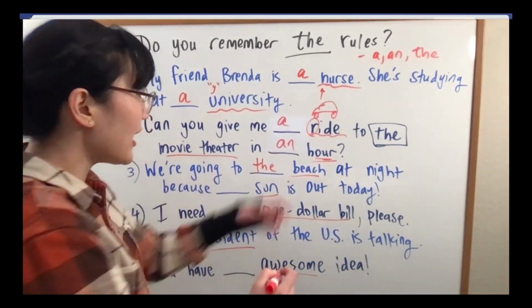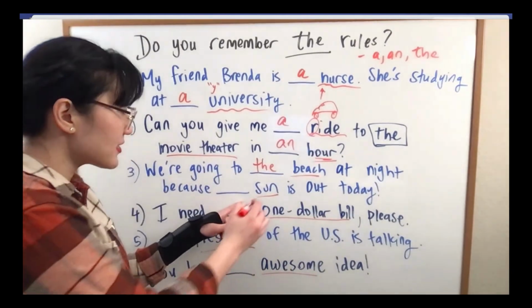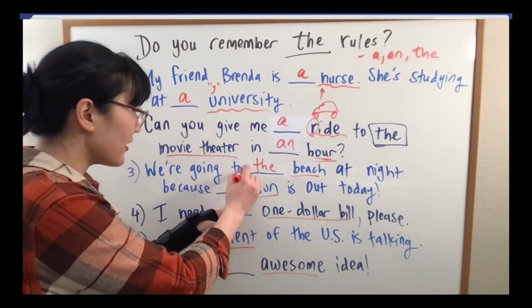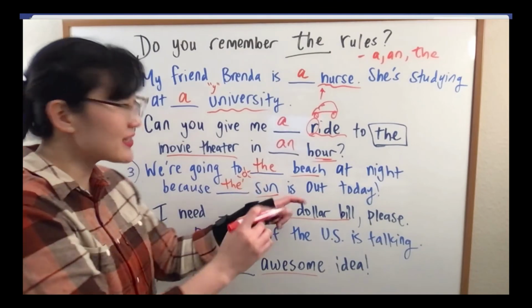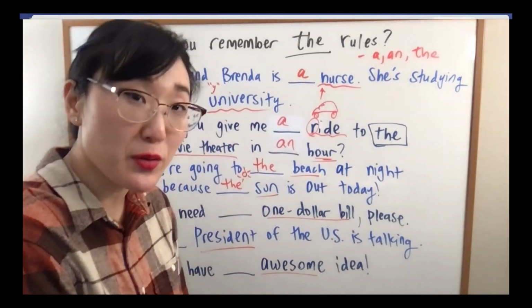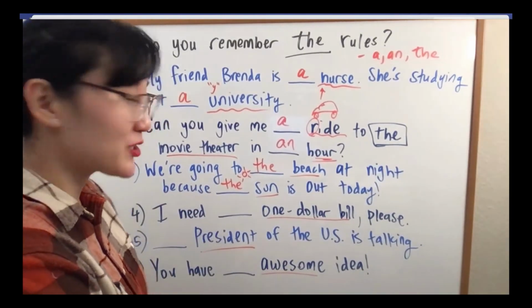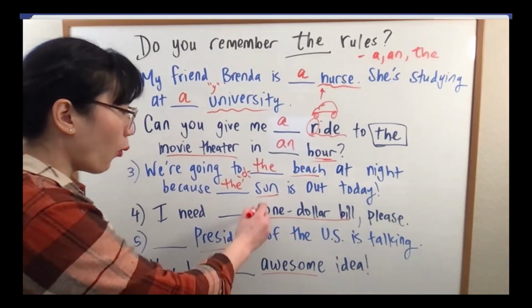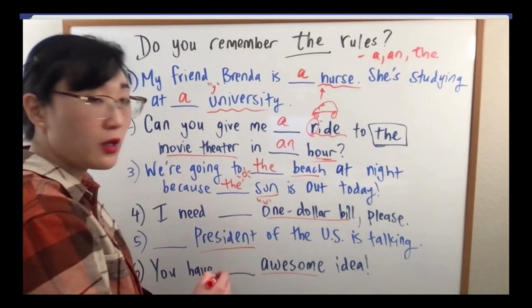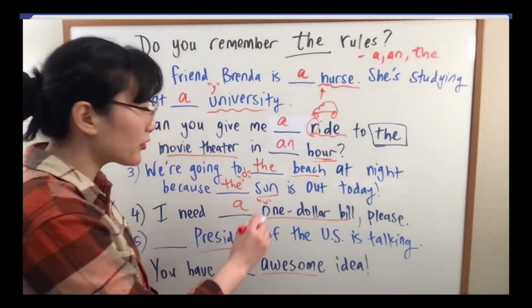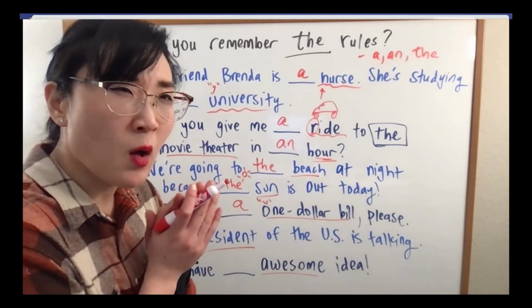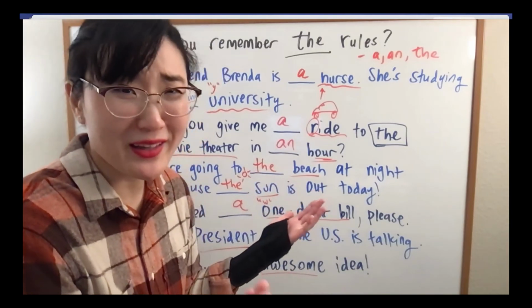The beach at night because there's only one sun. The sun is out today. The sun is beautiful. It is sunny. So we're going to go to the beach. I need a $1 bill, please. Or 100 or 1,000,000.